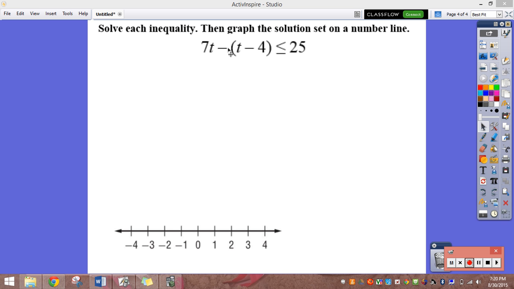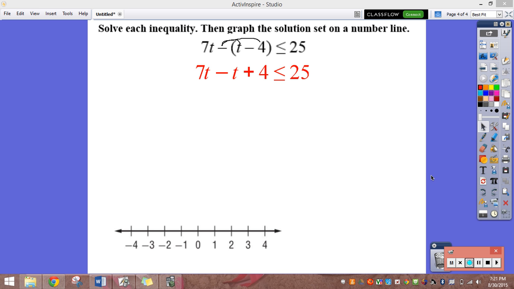So it would be 1 times whatever's in parentheses. However, here it's a negative, so it would be -1. So I distribute a -1 to both of these terms. Once that's done, my resulting inequality would be 7t minus t plus 4 is less than or equal to 25.